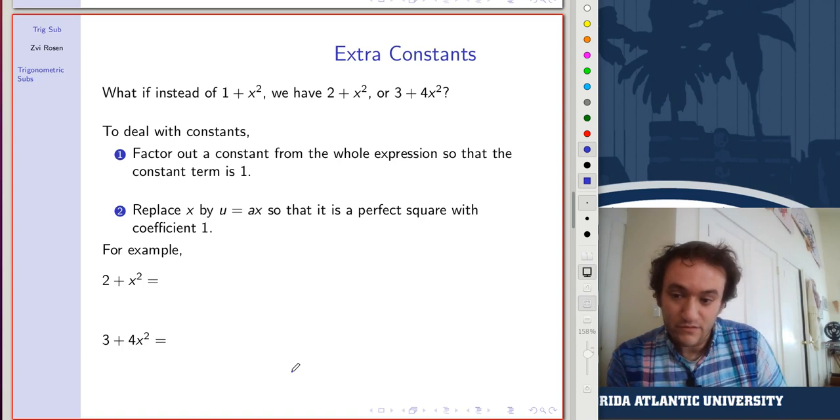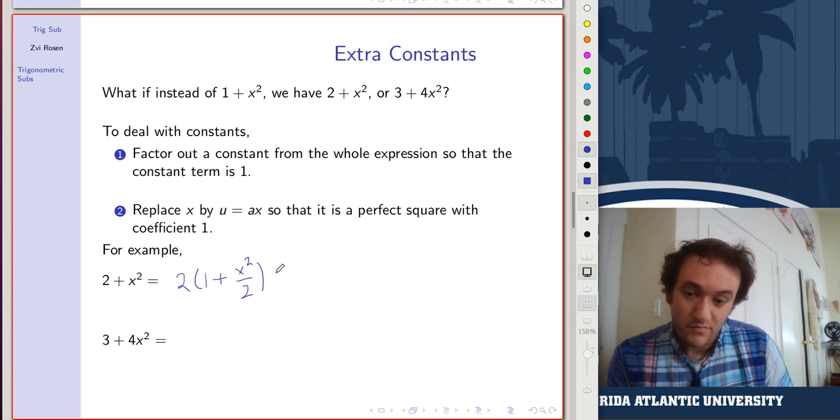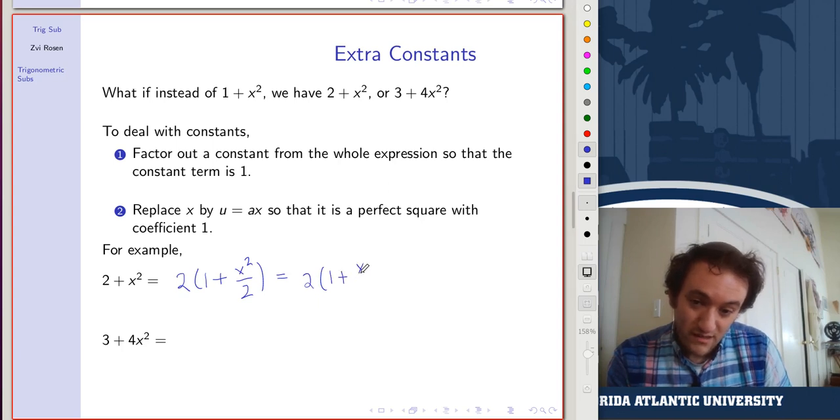For example, in 2 plus x squared, my first step, as I mentioned above, is to factor out the 2, so now we have a 1 in the constant spot. Unfortunately, we have x squared over 2 here, so that doesn't look nice. But instead of writing x squared divided by 2, I can write 2 times 1 plus x over the square root of 2, squared.